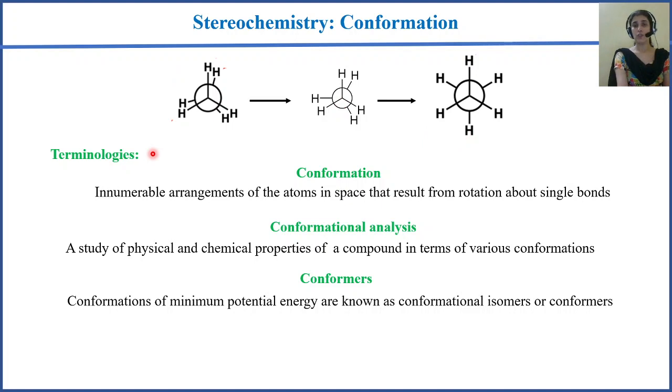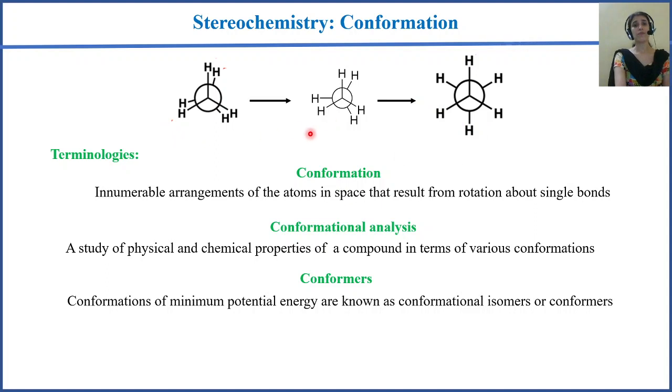We will look at which one has higher energy and which one is lower in the next slides. But now it is important to know that their potential energy is different. Different conformations have different potential energy.